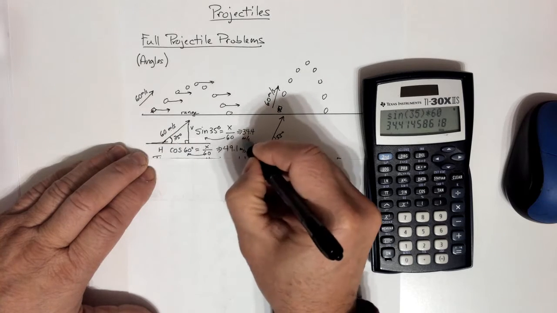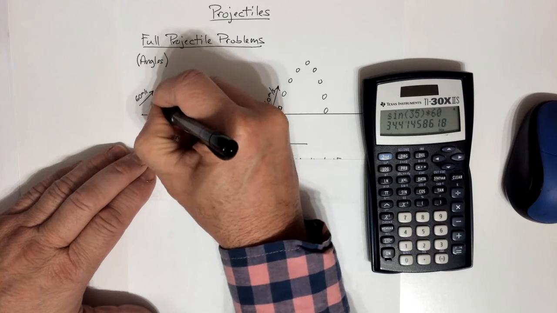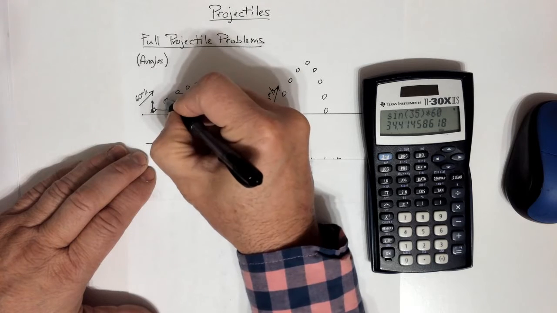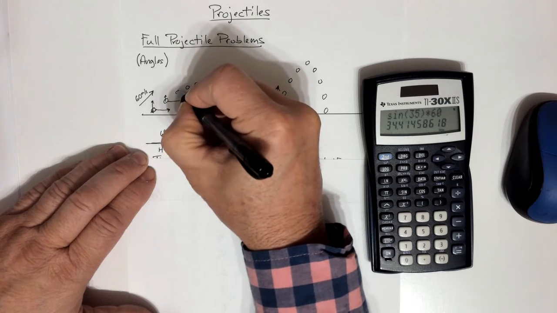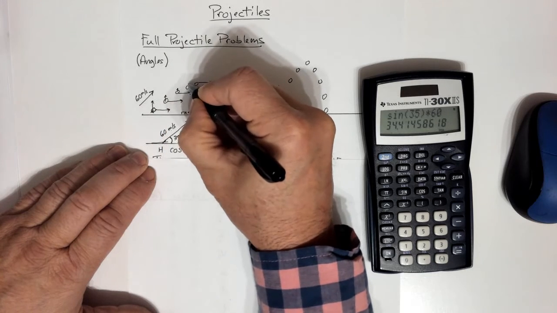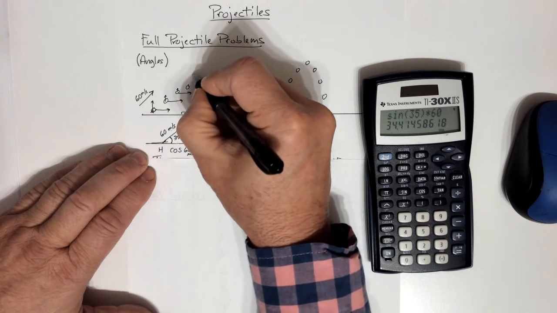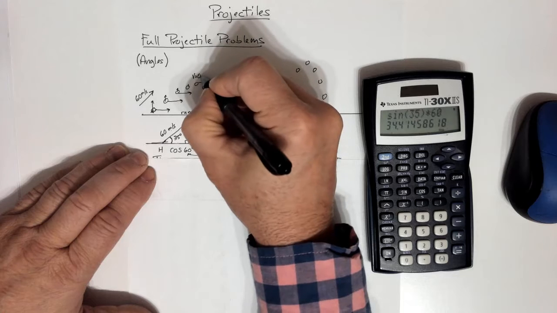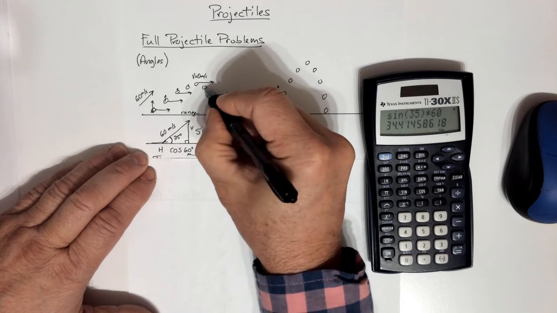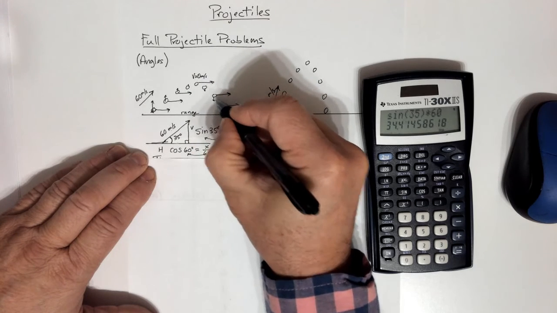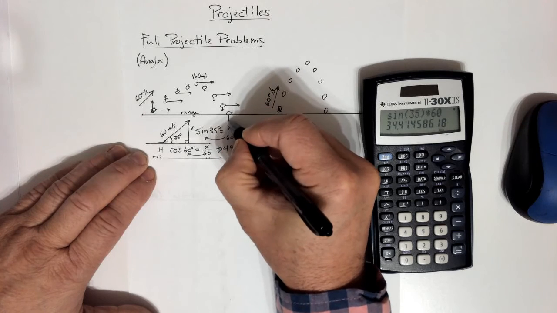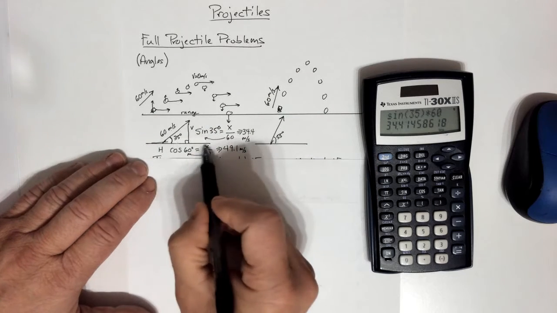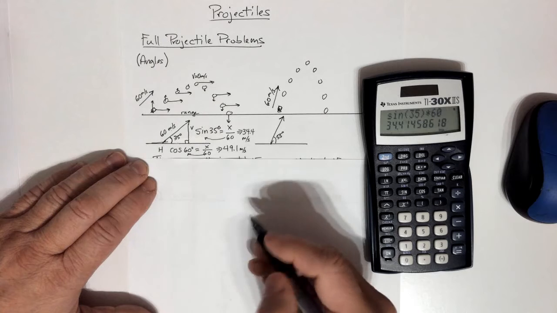It comes out vertically at 34 meters per second, and as it goes, it begins to lose that speed more and more until it actually stops going upward at any speed whatsoever, and then turns around and returns again to the 34. So it is moving more horizontally than it is vertically.